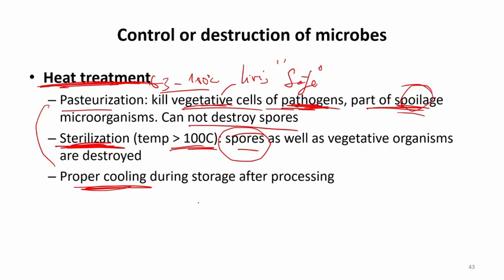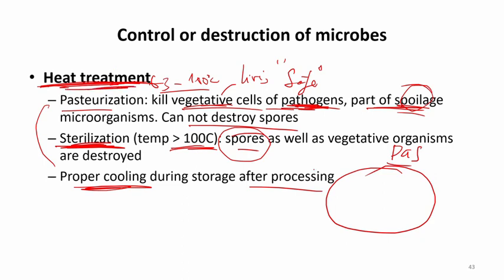Especially in meat processing, we need to carry out cooling properly. Otherwise, you also have an issue. For example, you have a large piece of meat like this, and you cook it. When you do pasteurization, it means that you do not destroy all microorganisms. You destroy part of them, not all.